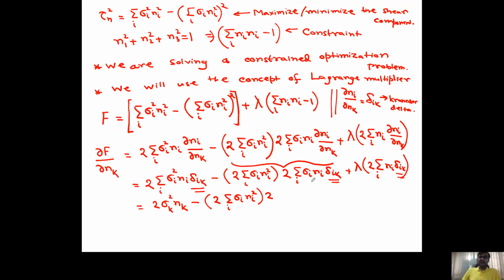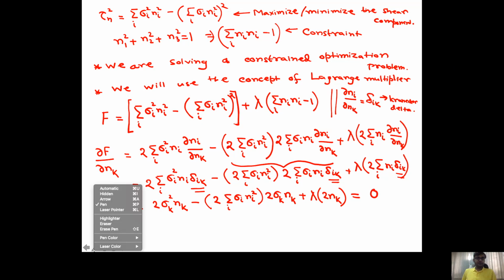Now here again, this delta_ik will only give a non-zero value if i is equal to k. So we remove the summation and substitute i with k, and delta_kk is 1. And then there is lambda, remove the summation and make it n_k. And this is equal to 0.